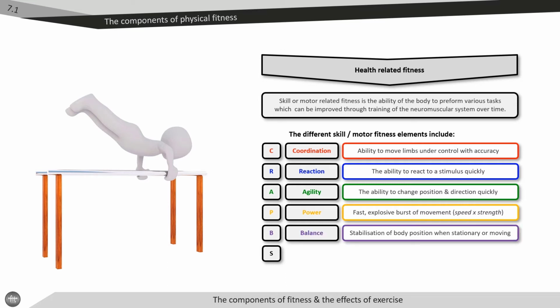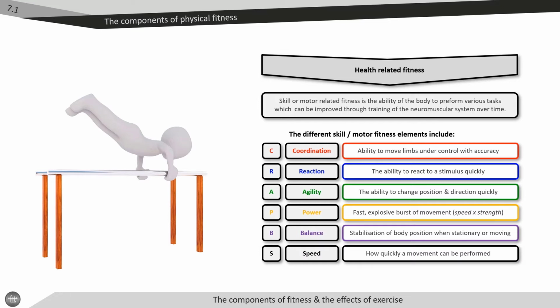This is the ability to control the body's position when either stationary or while moving, such as standing in one place on one leg. And speed. This defines how quickly a movement can be performed in a short space of time. Speed is required for many activities, including sprinting and throwing.